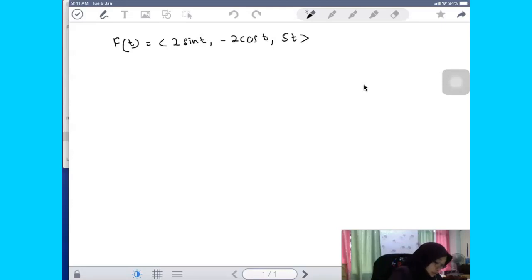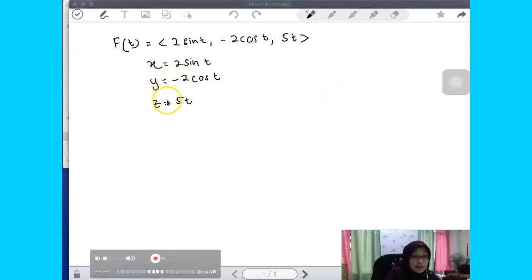So your parametric equations are: x is 2 sine t, y is minus 2 cos t, and z is 5t.